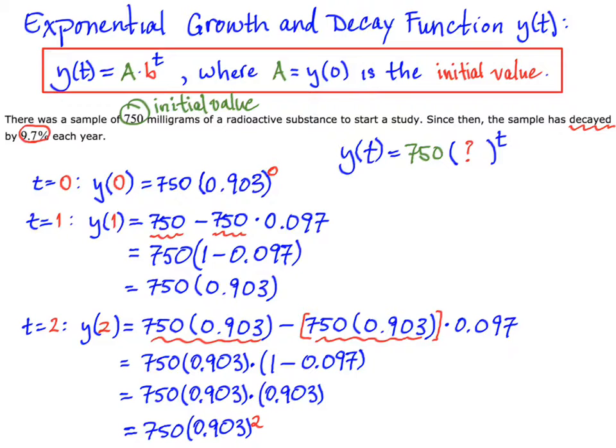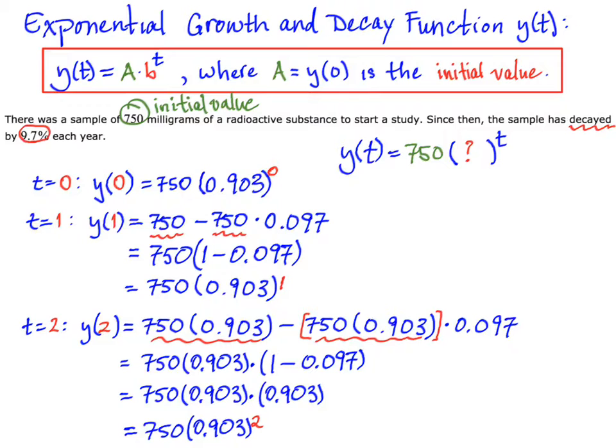And then we see that when t is equal to 1, y of 1 was 750 times 0.903 to the 1. And we see that when t is 2, y of 2 is 750 times 0.903 to the 2. So we clearly have a pattern, and it looks like the base, the number that's being raised to a different power every year, that number is 0.903.